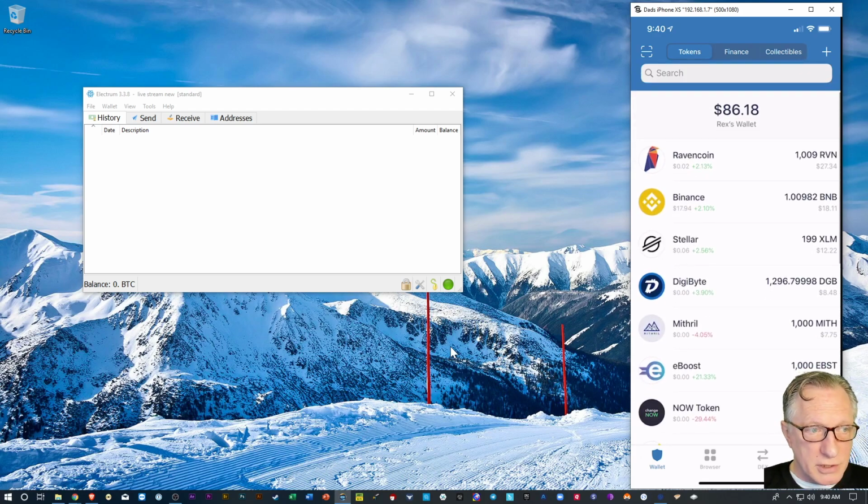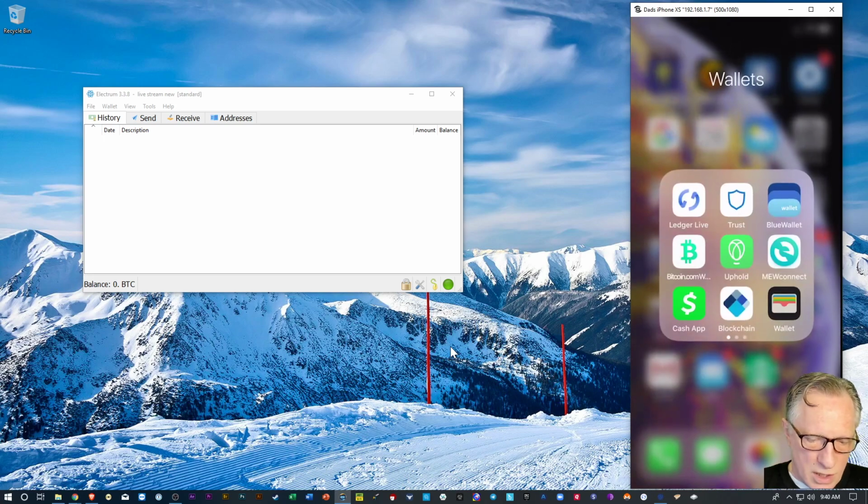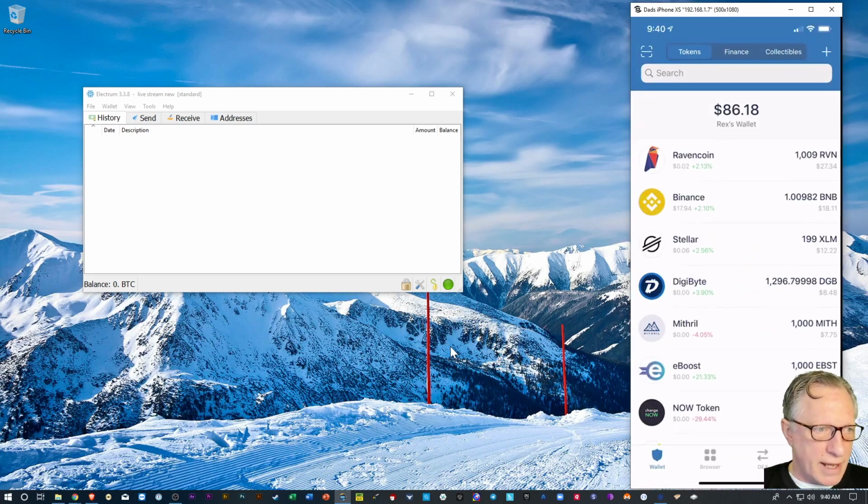So very versatile wallet, holds multiple cryptocurrencies. Now, when you say you can't log in, what do you mean? When you launch the app, it fails? Is that what you're saying? I need a little more information when you say you can't log in to your Trust wallet.